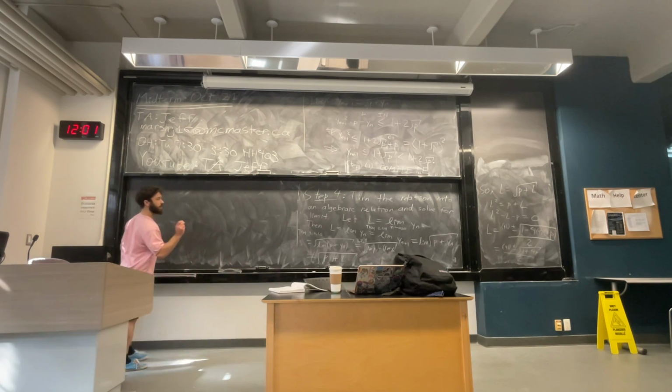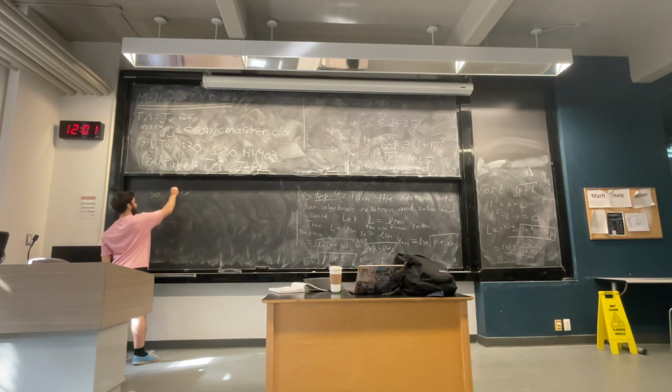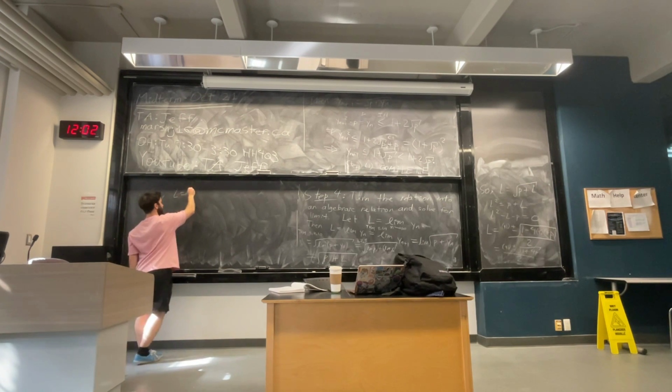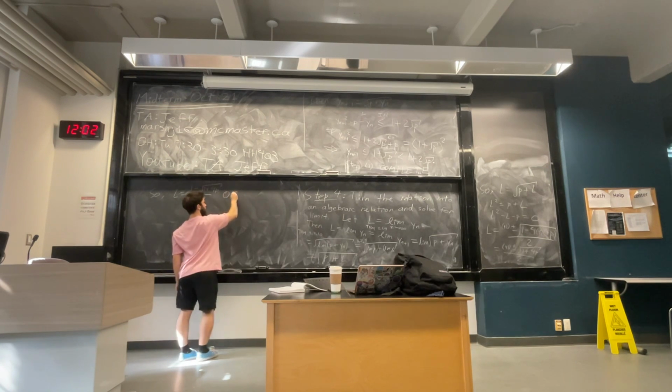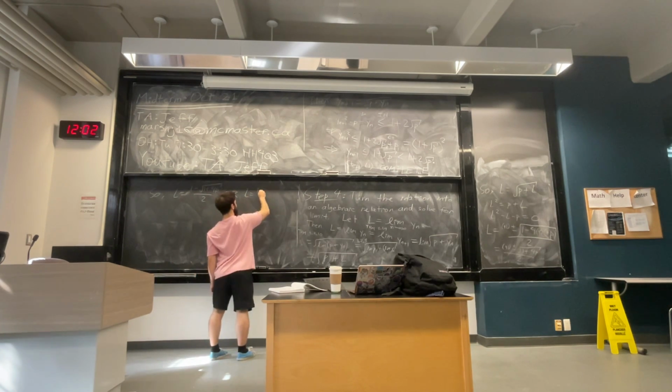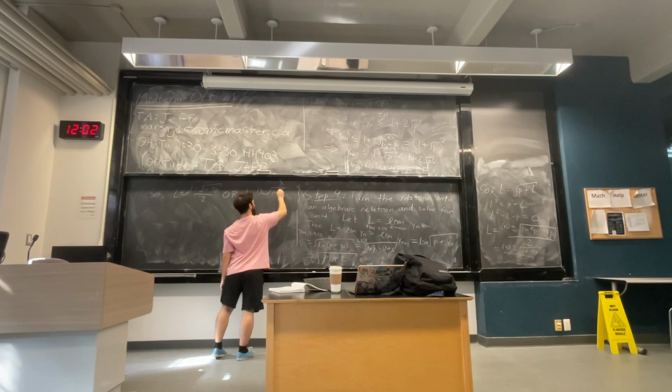Okay. So what we know is L is equal to 1 minus the square root of 1 plus 4p over 2, or L is equal to 1 plus the square root of 1 plus 4p over 2.